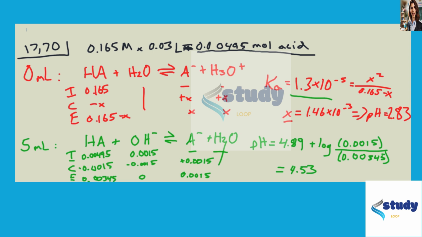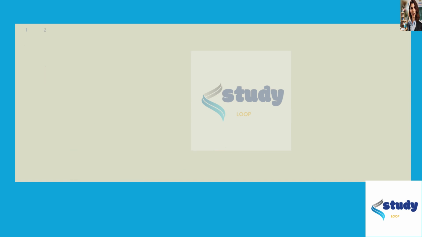Okay, so we're going to open up a new page here, and we're going to do 10 milliliters. Now 10 milliliters, we can piggyback off the previous one, where we subtracted 0.0015 from the initial moles of acid.